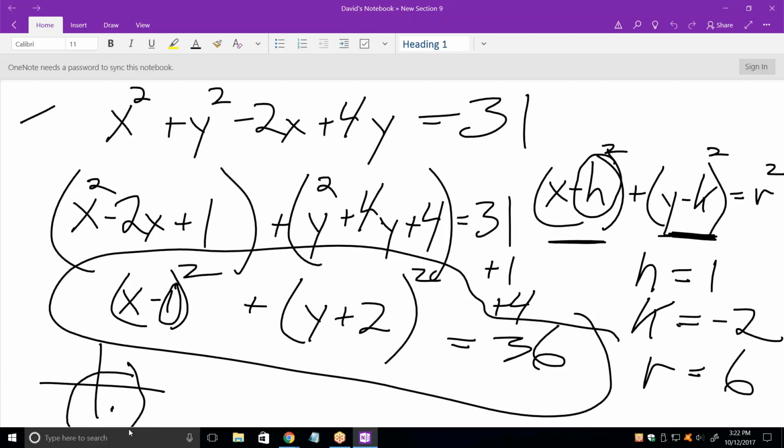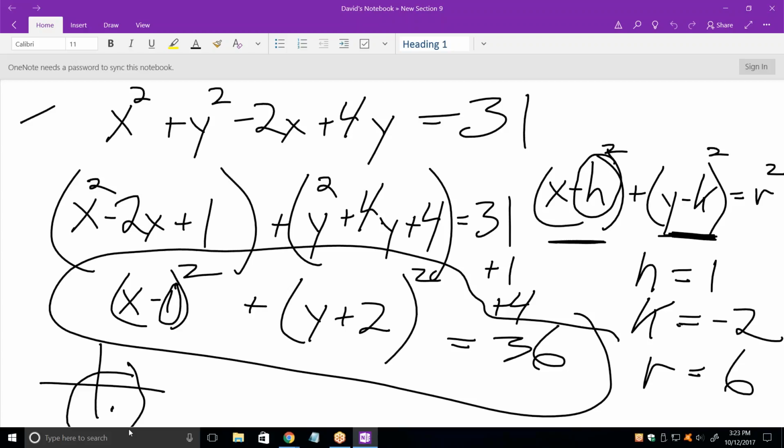So completing the square is done when you want to take this x squared minus 2x and put it in the format of x minus h squared. Well, the way you do that is by completing the square. Completing the square is a big subject.